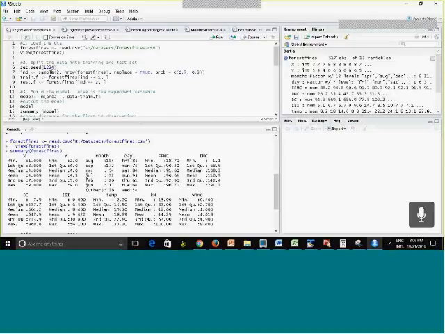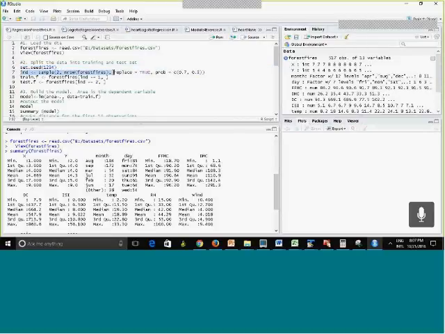Let's continue. What you need to do is set the seed. What it does is it sets a random value, because I want my result to be reproducible. Since I want my result to be reproducible, I have to set the seed.